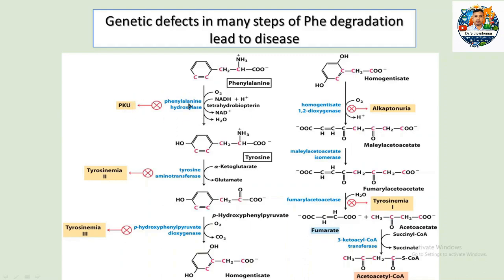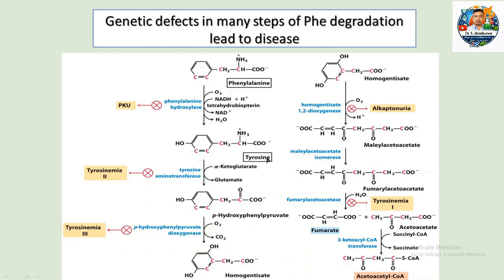You see, I have highlighted the importance of this particular enzyme, and the absence of the activity of the other remaining enzymes may also result in various metabolic diseases. Mutation or deficiency of tyrosine aminotransferase will lead to tyrosinemia, and there are three types of tyrosinemia, as you see here: tyrosinemia 1, tyrosinemia 2, and tyrosinemia 3. Why is it called tyrosinemia?